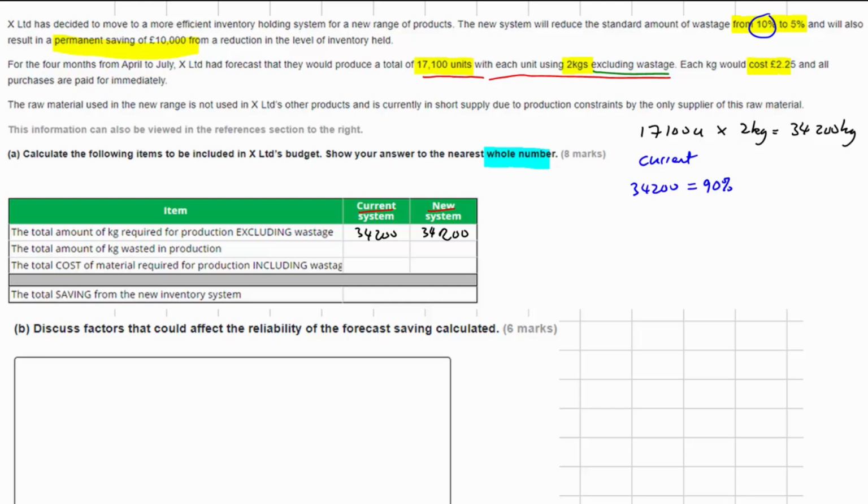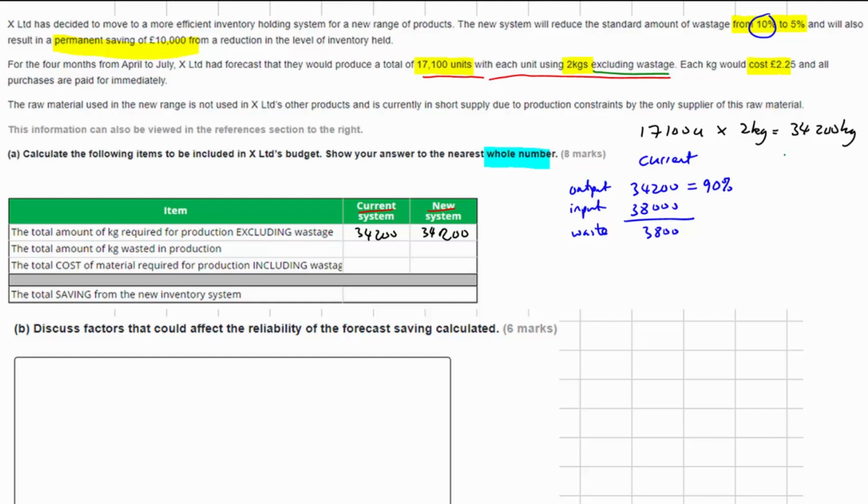If the 34,200 represents 90%, and we divide by 90%, remembering this is the output, then our input must be 38,000. The waste is the difference between the two, which is 3,800.